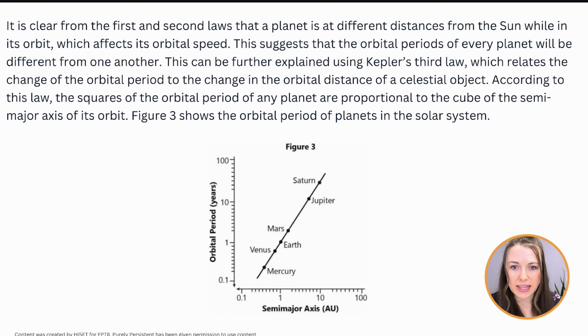Looking at this image, we've got the semi-major axis, and we have the orbital period, how long it takes to orbit the sun, and we have our different planets. Actually, this semi-major axis is not orbiting. It's really going to be the distance from the sun.